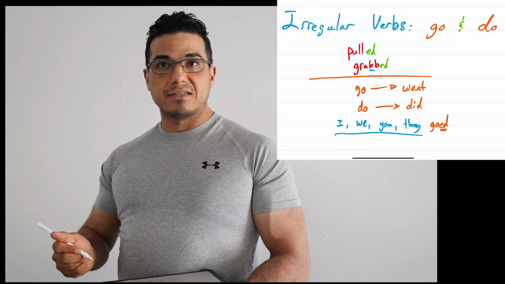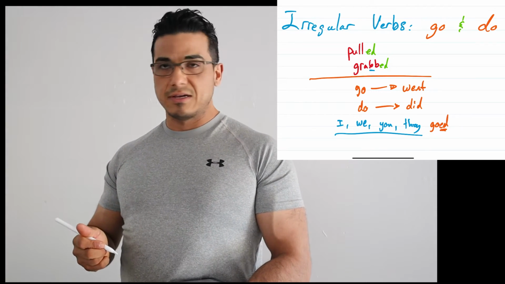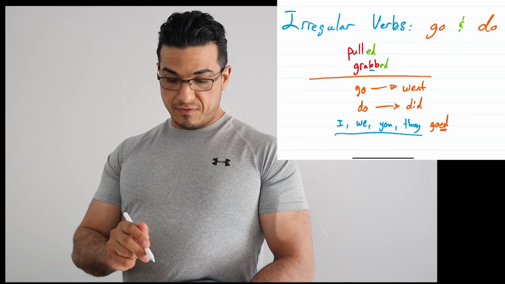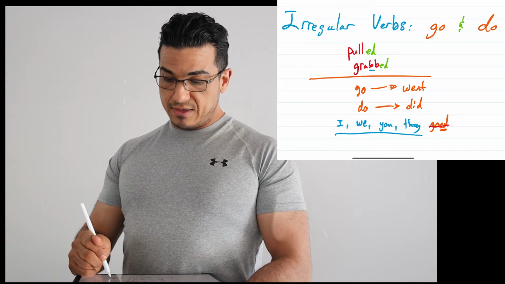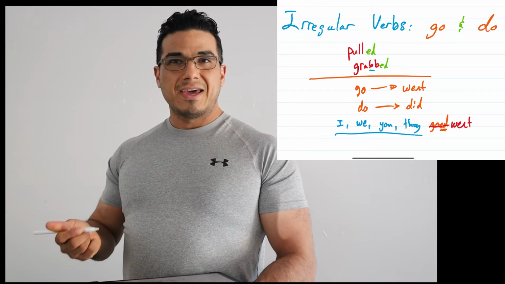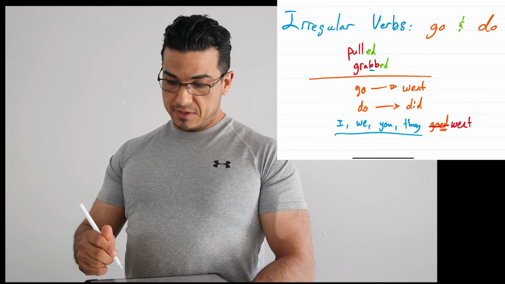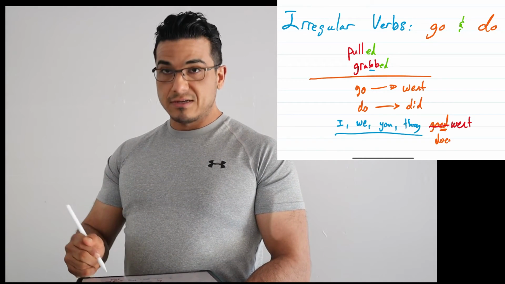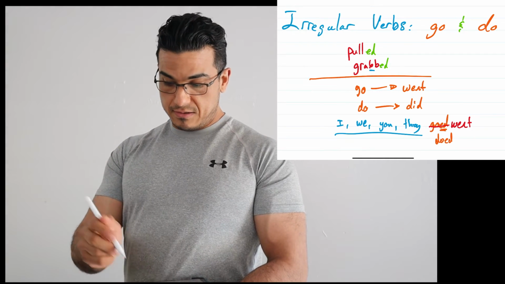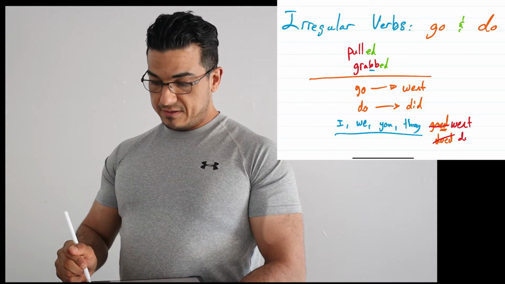So I've added ed to the end of go to change it to a past tense. That's not going to work. So for this, I know that I need to strike it and then rewrite it as went, right? And the same thing for do. I didn't doed something. Instead, I did something.